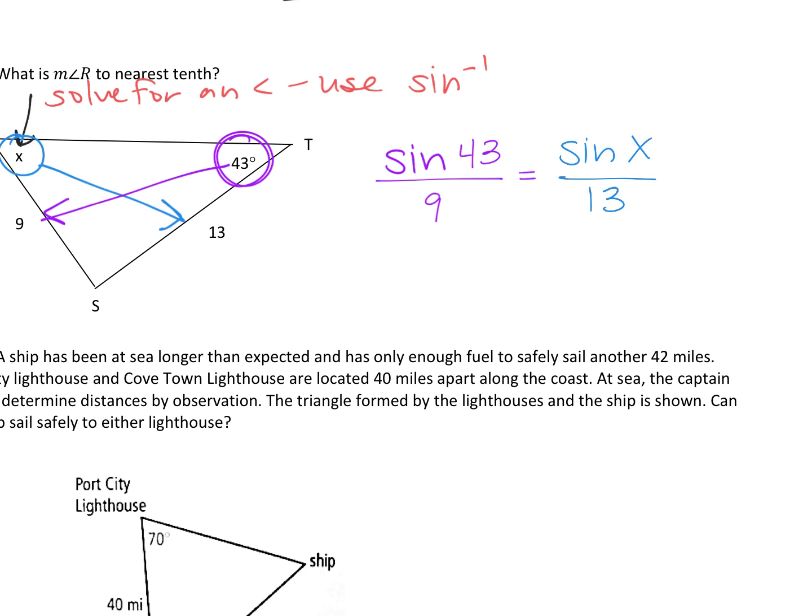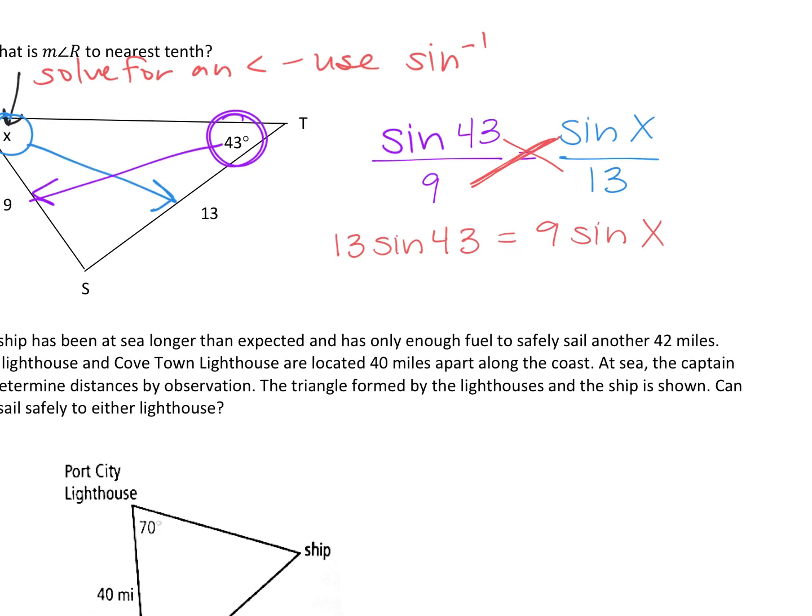Now we're going to cross multiply it. And when you do that, like I said, I would put the 13 out in front of sine 43. Otherwise you have to finish off your parenthesis and it just gets done wrong a lot. So 13 times the sine of 43, all right, that's your first diagonal. Then do the other one, cross multiply here. That's 9 times the sine of x.